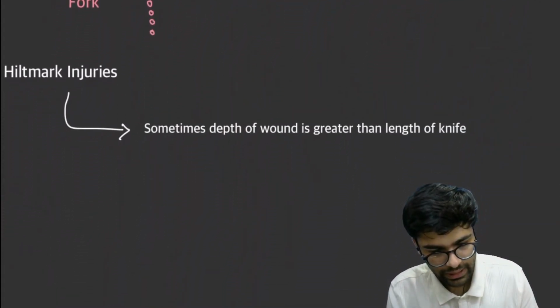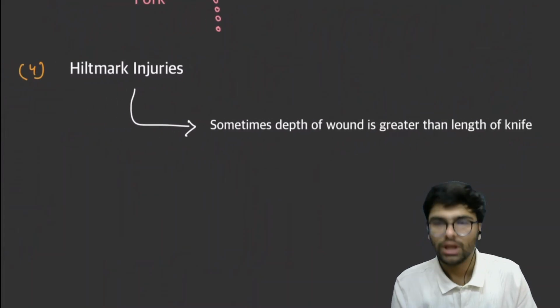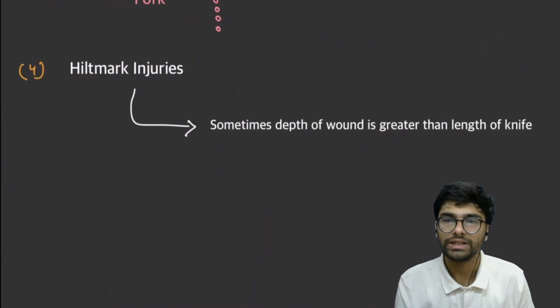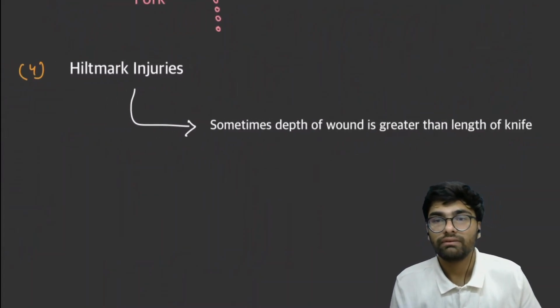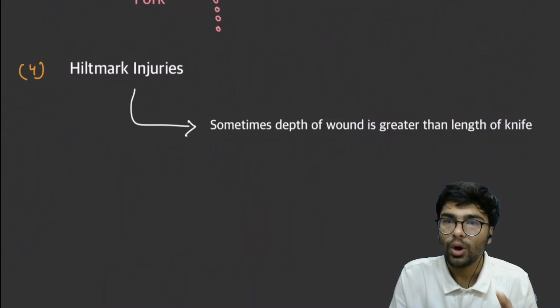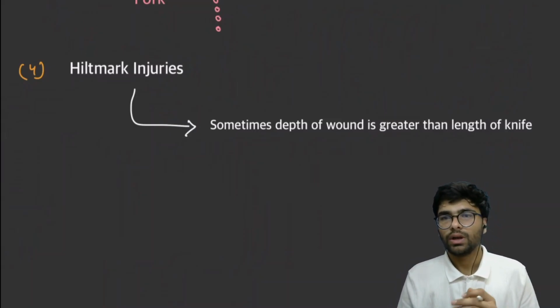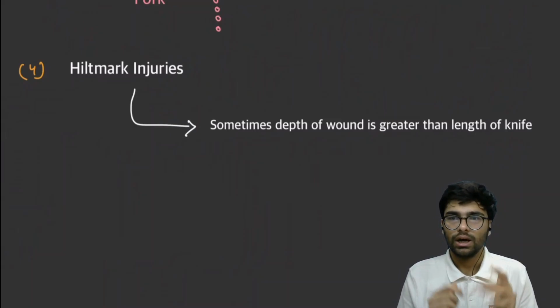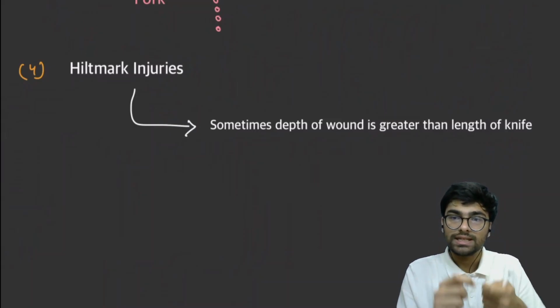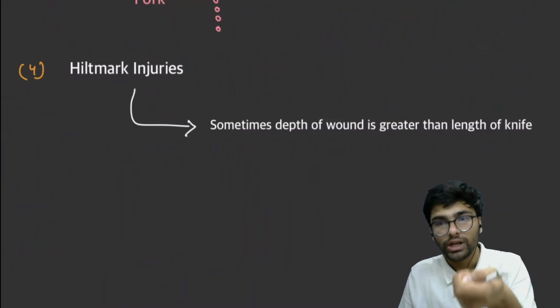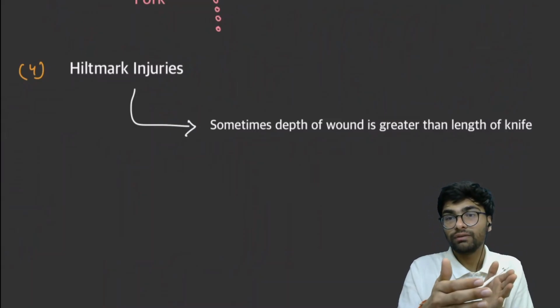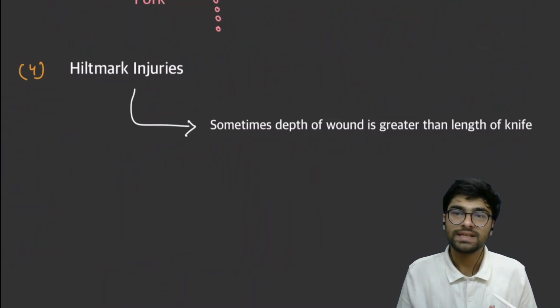Then we have hilt mark injury. The fourth point is hilt mark injury. What is hilt mark injury? Here I've written: sometimes depth of wound is greater than length of knife. Let us try to understand this. For example, if you take a 10 centimeter knife and insert the whole 10 centimeter knife into the body, then of course the depth of the wound has to be 10 centimeter, physics.